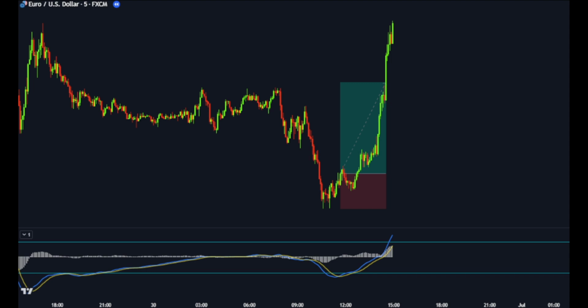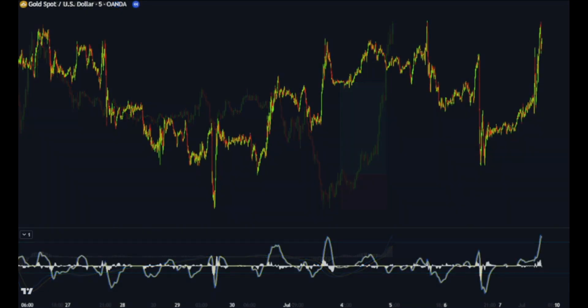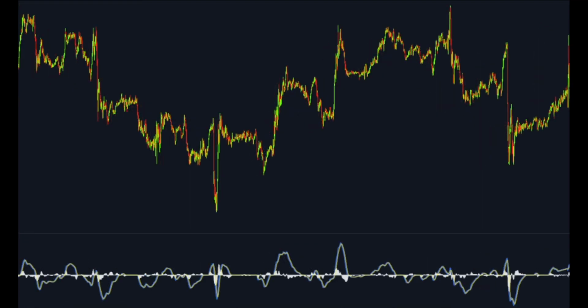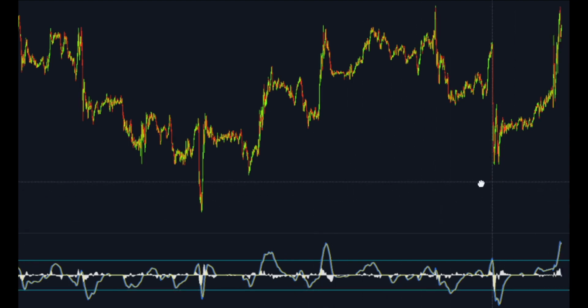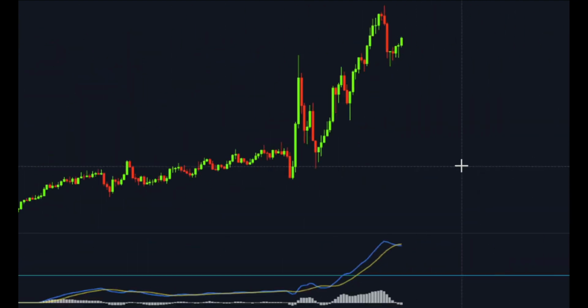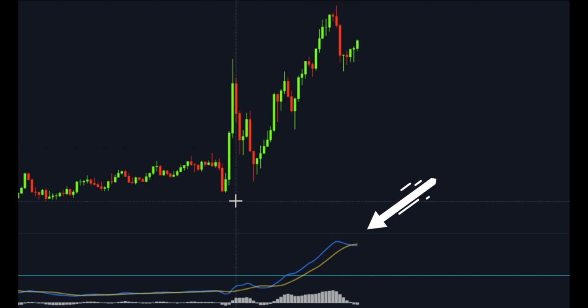Let's see one more example. We are now in gold with a 5-minute time frame. And we will draw the lines to know the oversold and overbought areas. Here we see that there is a bearish cross above the line that we have drawn on the indicator.